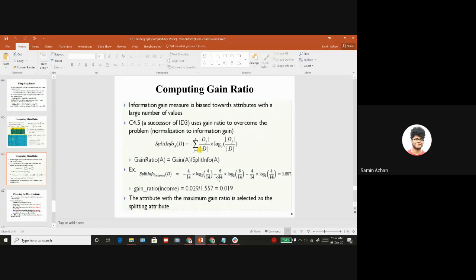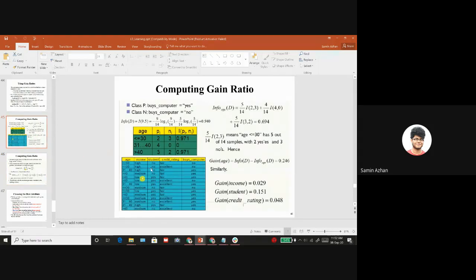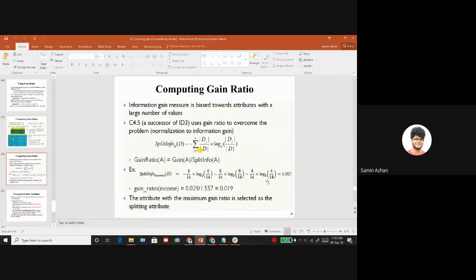The probability of medium is 6 divided by 14 times log 2 of 6 divided by 14, minus 4 divided by 14. This is 4 for low income: 4 divided by 14 times log 2 of 4 divided by 14. So to calculate the split info, we use this equation for all possible values: the probability times log 2 of the probability.